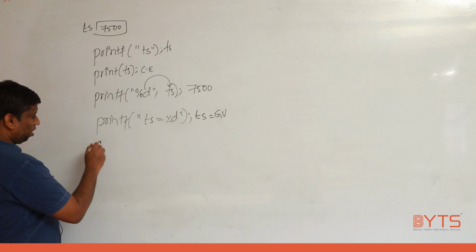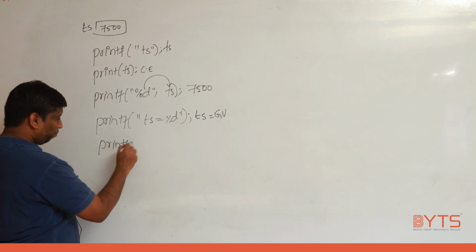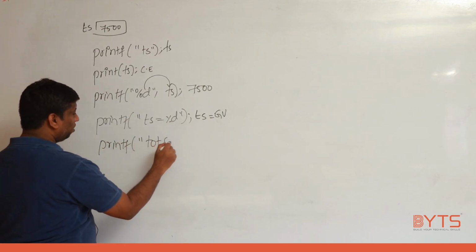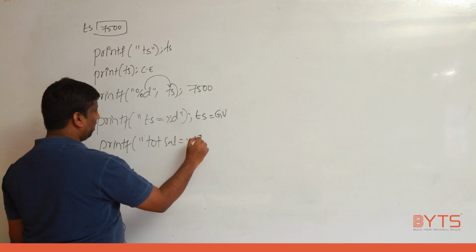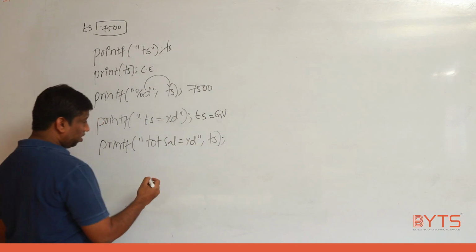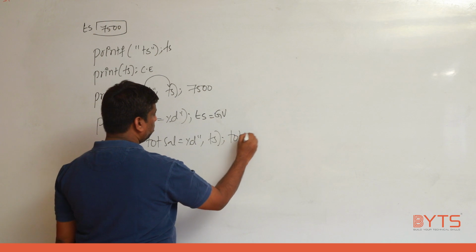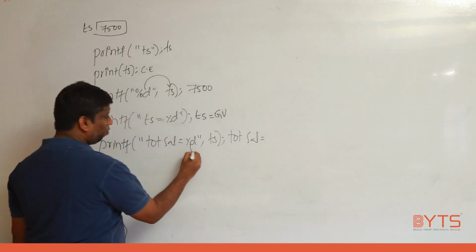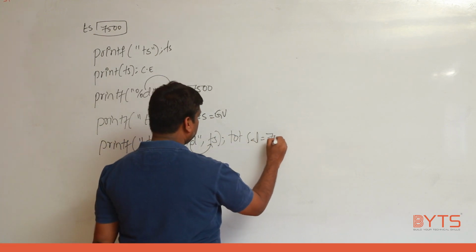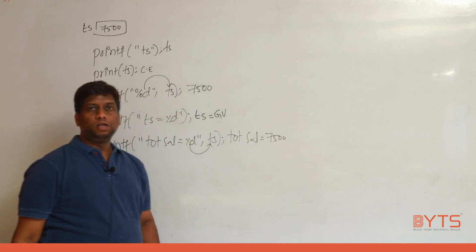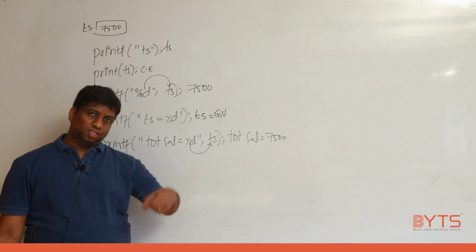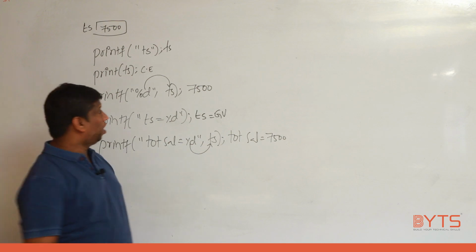Now if you write like this, what is the answer? Printf tot sal equal to percentile D comma TS. Now what is the answer? Tot sal equal to, percentile D is replaced with what? 7,500. Now I want to add 1,000 rupees to the total salary. How do you write that?